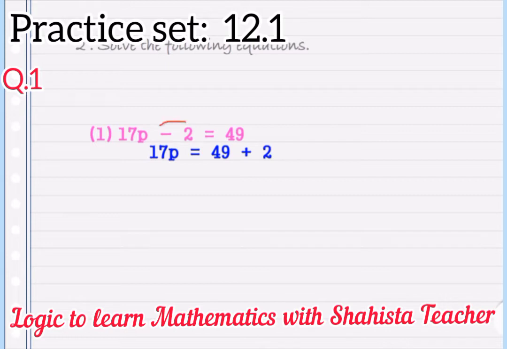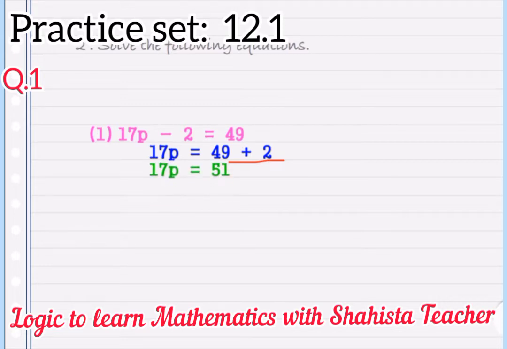So 17p is equal to 49 plus 2, which gives us 51. 49 plus 2 is 51. If this shifts to the right side, it becomes plus 2. Add both these numbers, 49 plus 2, which gives us 51. So now here 17p is equal to 51.